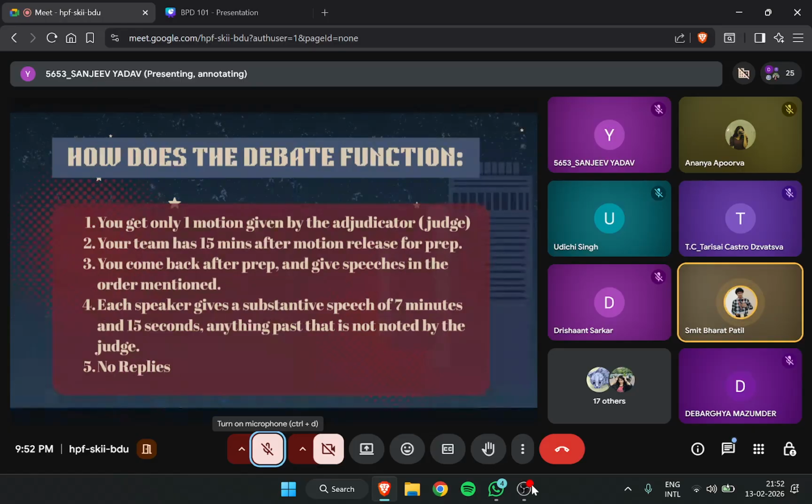After getting that single motion, you get 15 minutes of preparation time, irrespective of your bench. So you have 15 minutes to prepare on whatever bench you have got. After that, each speaker gets 7 minutes and 15 seconds to speak, and there are no reply speeches in British parliamentary debates, unlike Asian parliamentary debates.